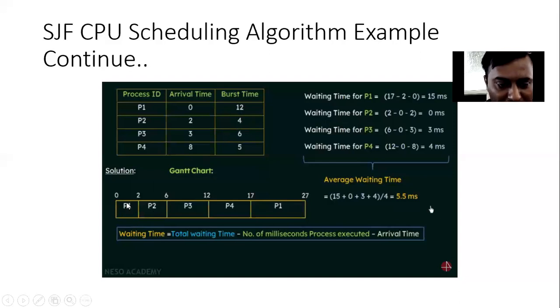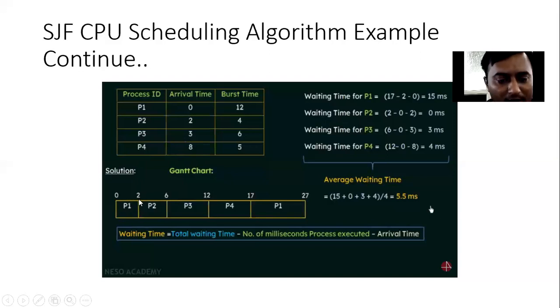So let us discuss this phenomenon with the help of this example. In this case, P1 has started its execution. After 1 unit of time, we will check: is there any other process arrived in the ready queue? No, there is no other process arrived at the time of 1. So again, we will continue the execution of P1 for the next 1 unit of time. So from 1 to 2, P1 will continue its execution.